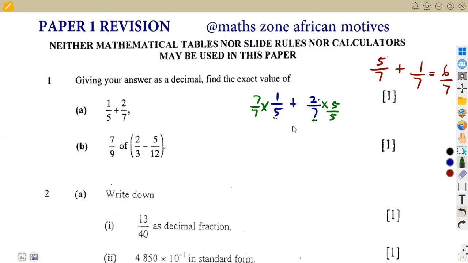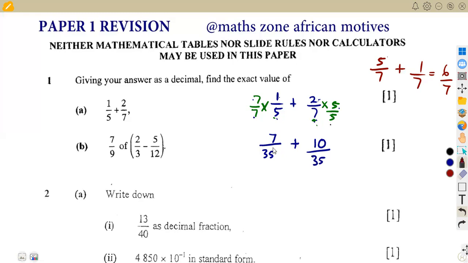So the moment you interchange these denominators, we are going to have the same denominator now, because here we are going to multiply 7 by 1, which is 7/7 times 5, which is 35, plus 2 times 5, which is 10, over 7 times 5, which is 35.